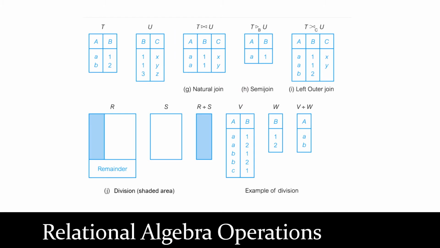So this is the illustration of natural join, semi-join, left outer join, divisions, and some examples of divisions.